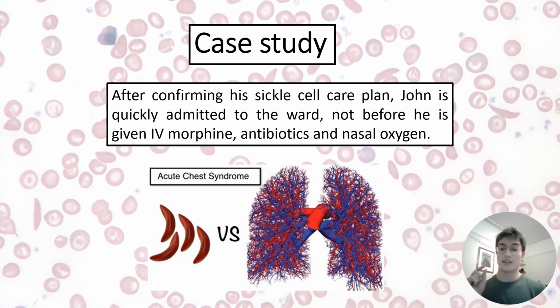And if you imagine that one or two of them get blocked and the tissue starts to die, gets a bit angry, there's inflammation going on, and that causes more sickling to happen because there's even less oxygen now because of all this inflammation. So what can start off as potentially a small flu could really develop into something very, very life-threatening, very, very dangerous. And this is one of the big things we worry about with sickle cell.